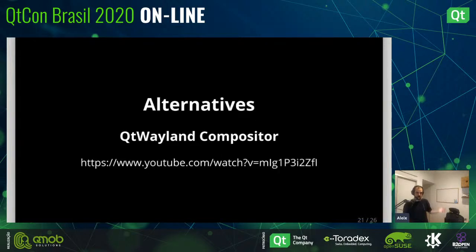There's also the Qt Wayland Compositor. Here I added a video that describes how it works exactly. It was done by Jonas, who used to be the Qt Wayland maintainer. And I think that if you're using Qt already, it could be a useful way to get acquainted with that product.